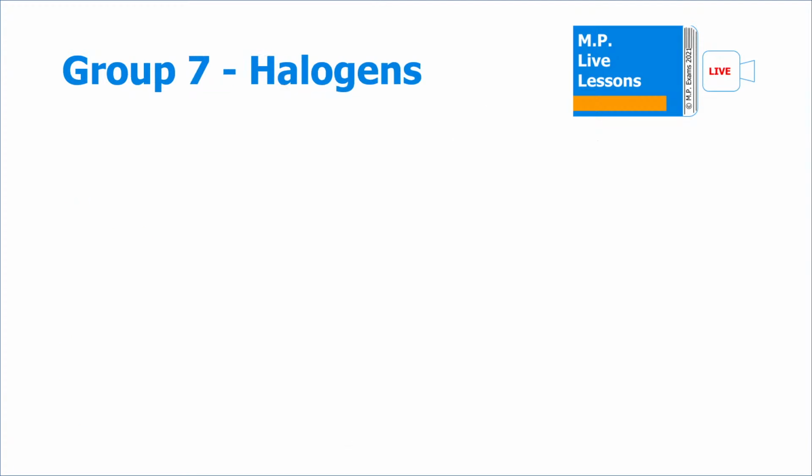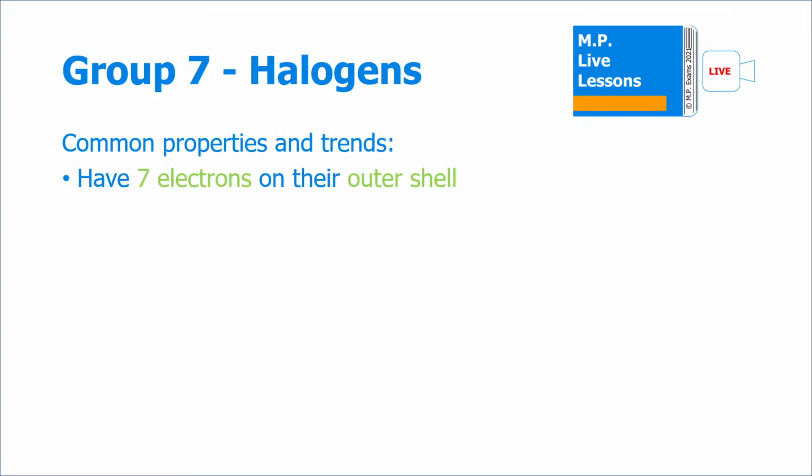Next, group 7 are the halogens. You also need to know their common properties and trends. They have 7 electrons in their outer shell, which is just 1 electron away from the full 8 to become stable. So they gain 1 electron to become a 1 minus charge ion.